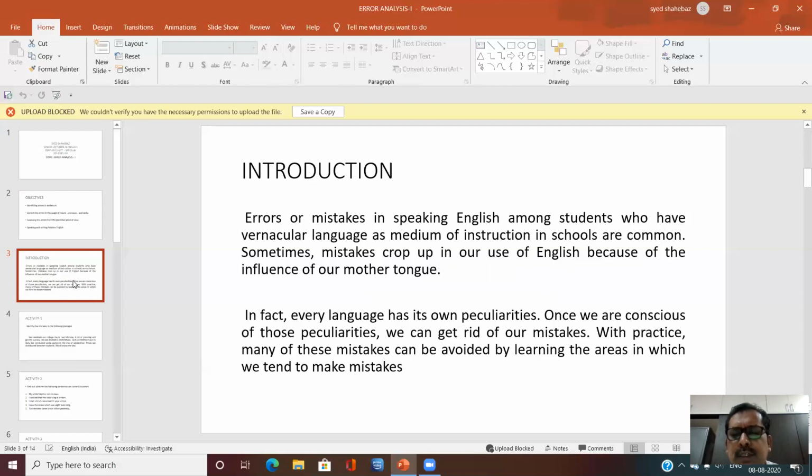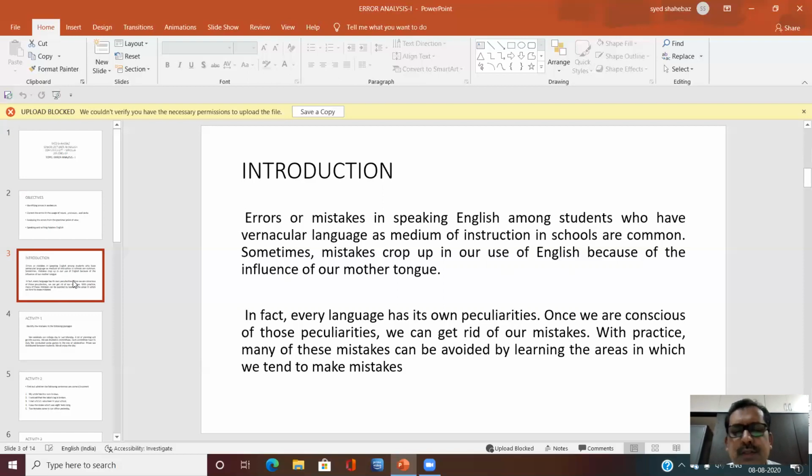In the same way, English language also has its own peculiarities, and we have to learn, imbibe, and put into practice these peculiarities. Once we are conscious of those peculiarities, we can get rid of our mistakes. Yes. Once we recognize these peculiarities, we imbibe them.